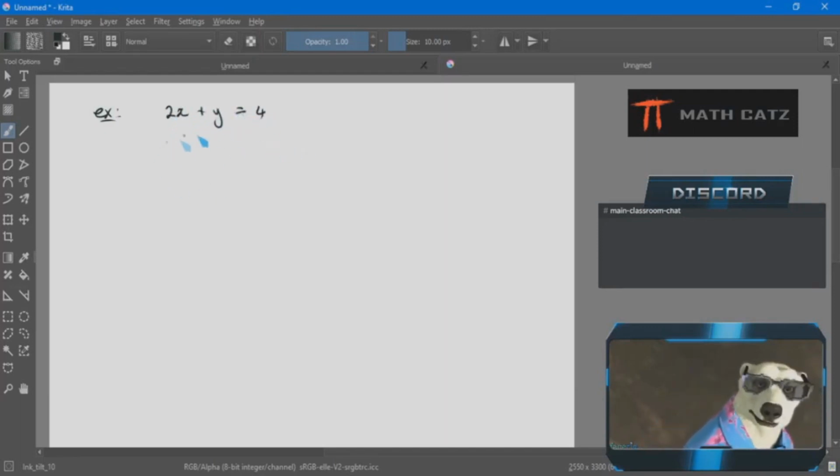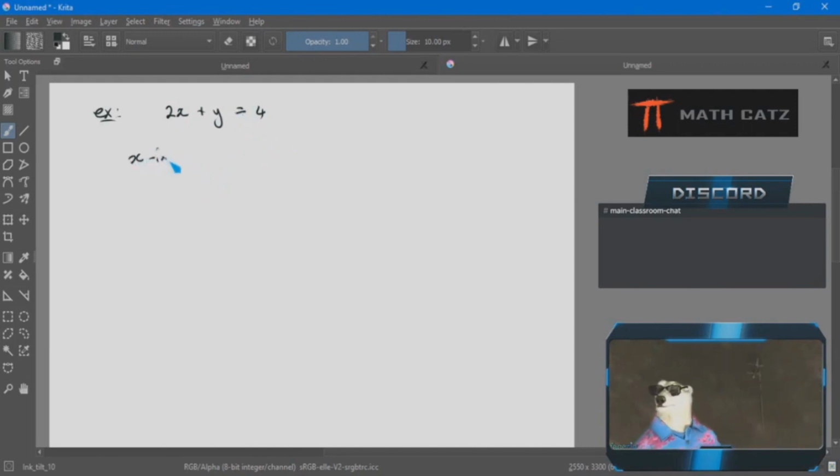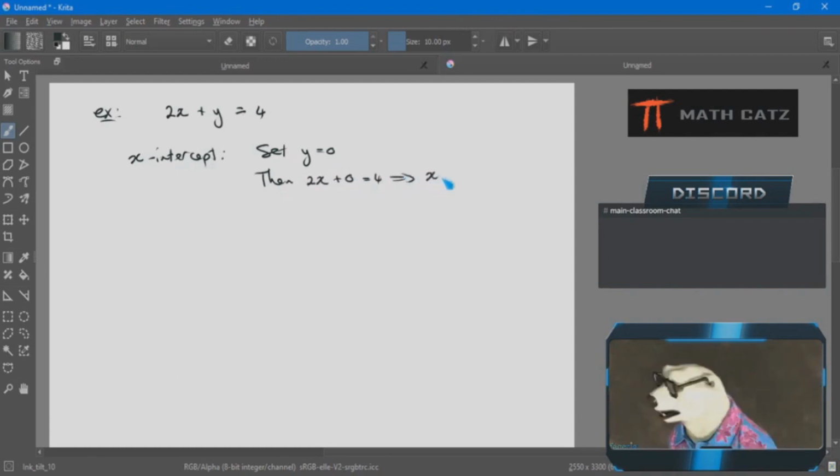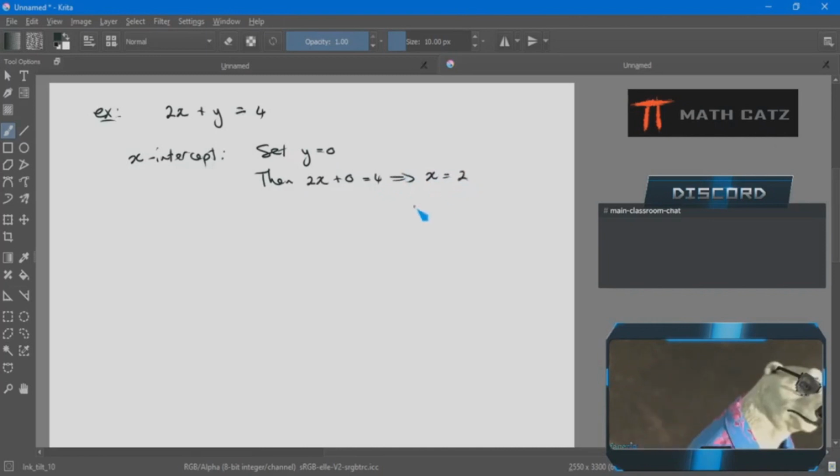Linear equation because it fits that general form. x-intercept. I'm going to set y equal to 0. And then I get 2x plus 0 equal to 4. So x is equal to 2.